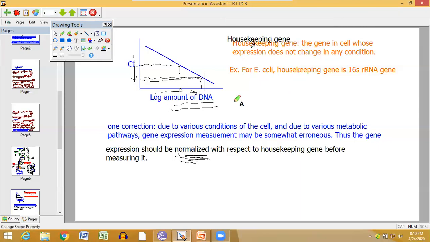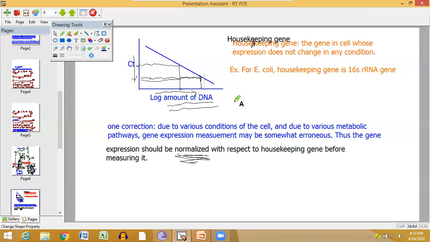Okay. So when you do the real-time PCR, you do everything for your gene, and also do everything for your housekeeping gene as well, and then you normalize your gene expression data with respect to the housekeeping gene. So this eradicates all the extraneous or internal errors during the reading, due to various metabolic discrepancies or instrumental errors or something like this.